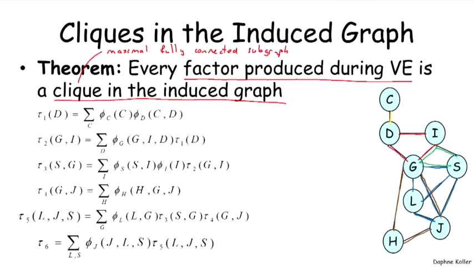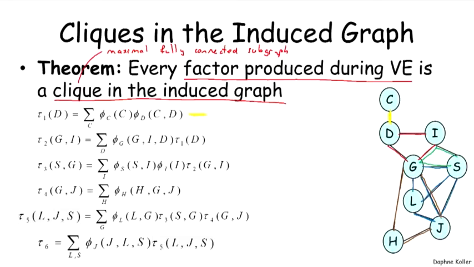And if we now look at the factors that we produced in the course of variable elimination, we see that there is an exact correspondence between the factors and those cliques. So here, for example, the yellow one is CD, which is this one over here.